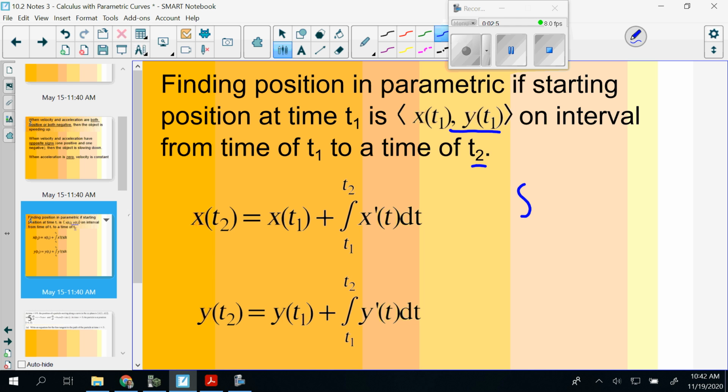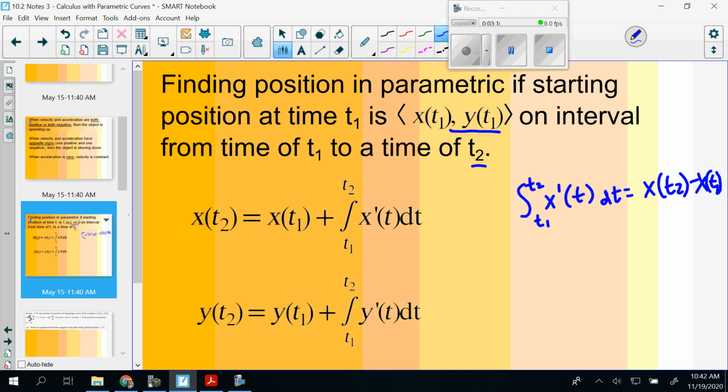So recall again, if you take an integral here and we're integrating the x component of the velocity, because remember the derivative here would be velocity, from time 1 to time 2, the antiderivative of that would be just the position at t2 minus the position at t1.